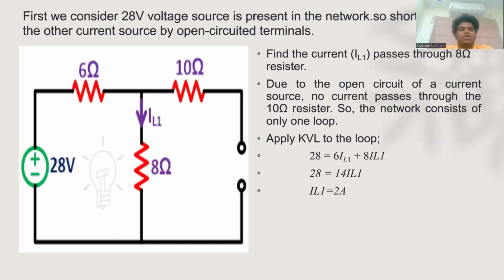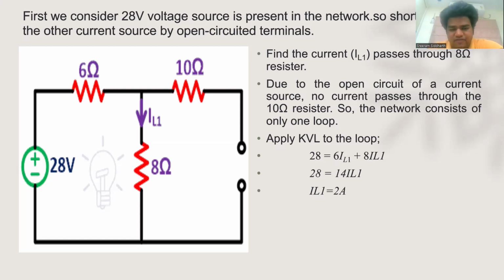First of all, we need to take the 28 volts source, and we will be open circuiting the terminals of the other voltage source.